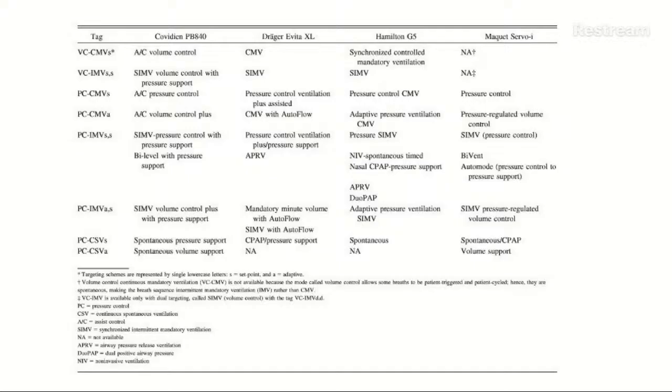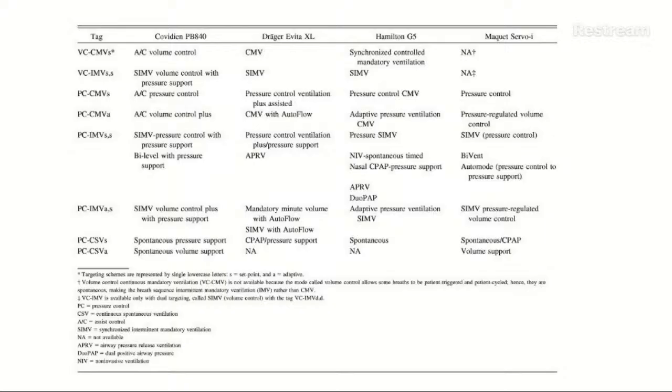As you could see, the upper names are of the manufacturers and the lower ones are what they have named it. So it means it is confusing. If you use Hamilton, you know these modes. If you know Drager, this mode. Covidien, the names are this.